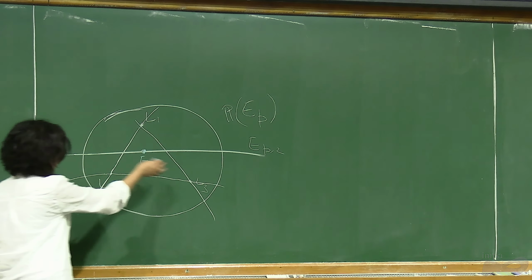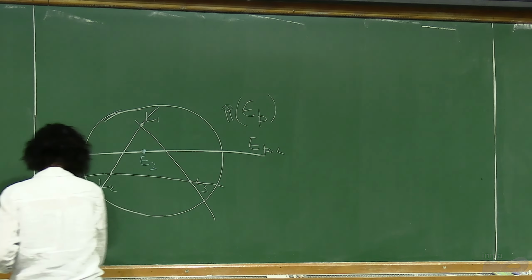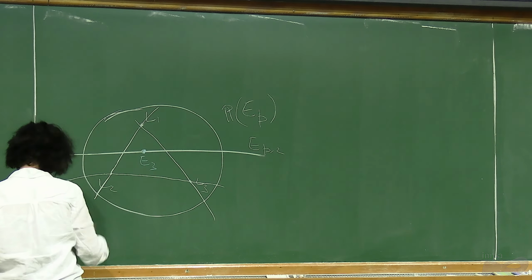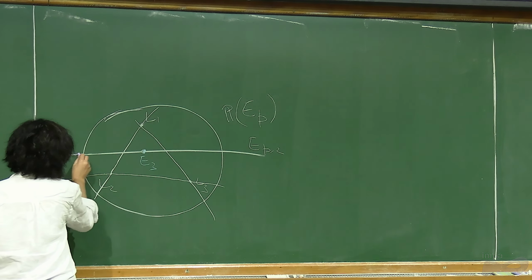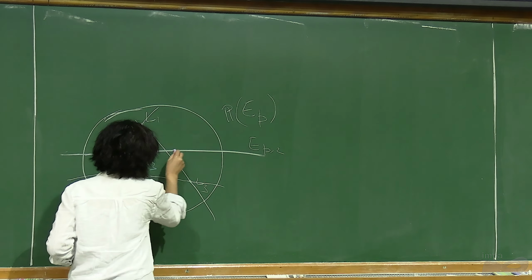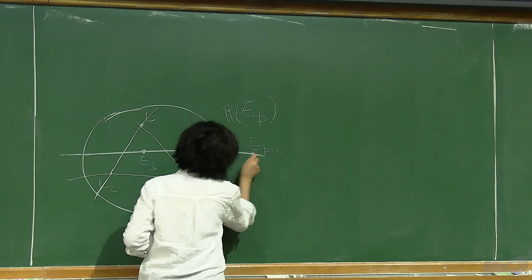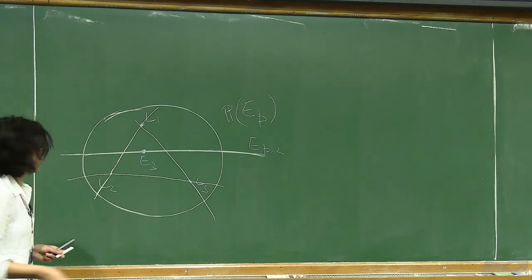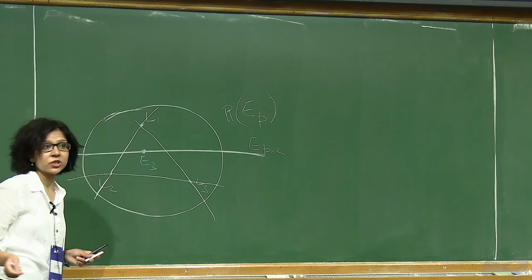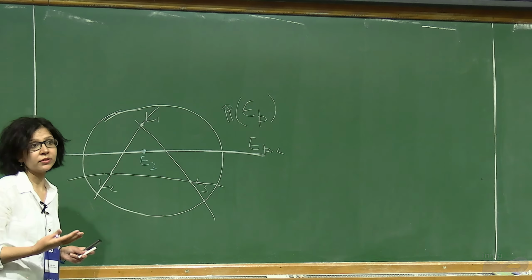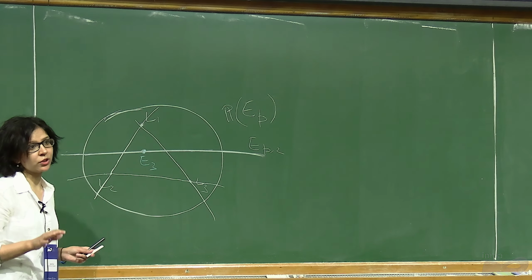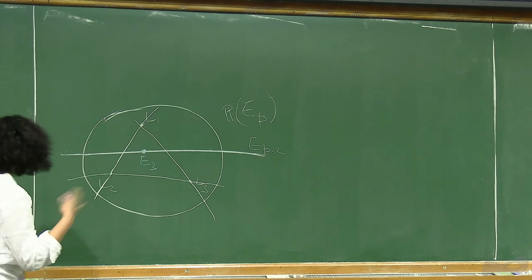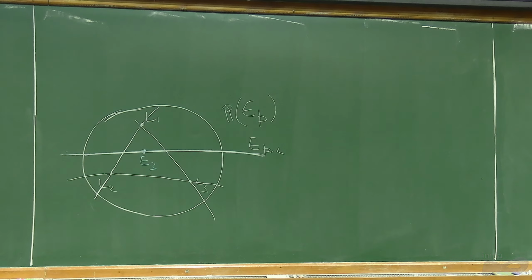If I have this to be the flag, which is not intersecting any of the projectivizations of the line bundles involved, then this is always going to be stable for both the chambers, regardless of which chamber I'm in.